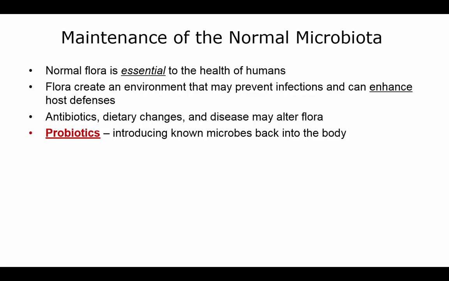So, one of the things we wanted to mention here is that normal biota is important. It plays a very essential role in maintaining our health, and so we need to be really careful in taking care of that flora. Be mindful, if you take an antibiotic, we talked about this in chapter 12, antibiotics are anti-life, right? They're going to seek to kill any kind of microbe that's in your system, even the good stuff.